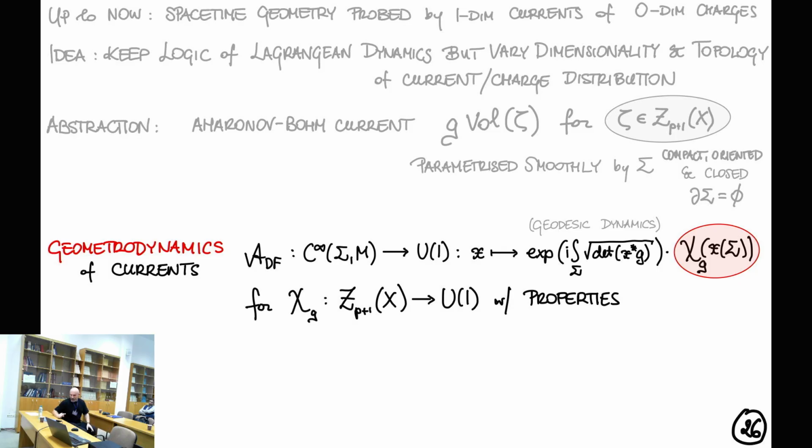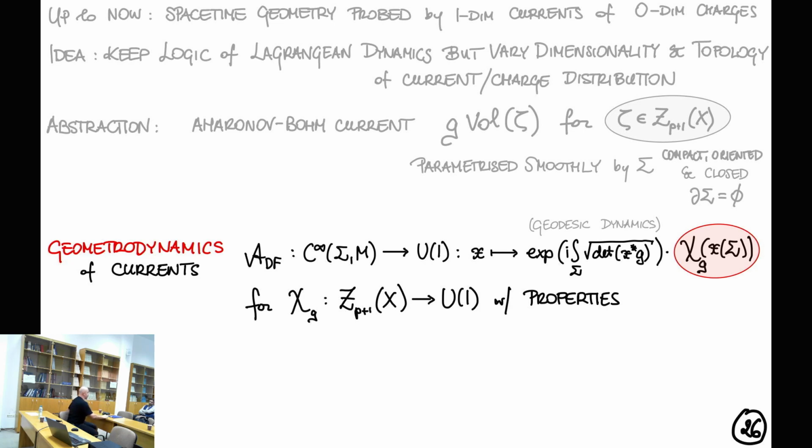So what should it be? First of all, what previously was line holonomy and evaluated on 1-cycles in X, now will be a mapping from 2-cycles, those closed boundaryless surfaces in X, with values in U1.